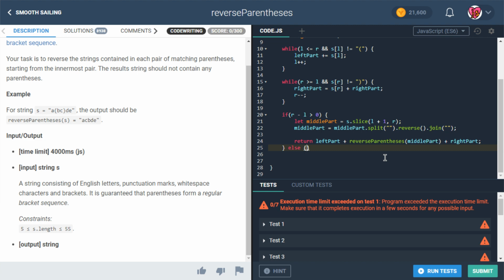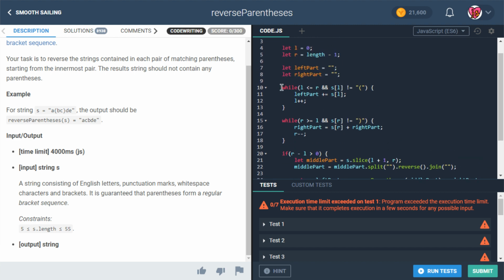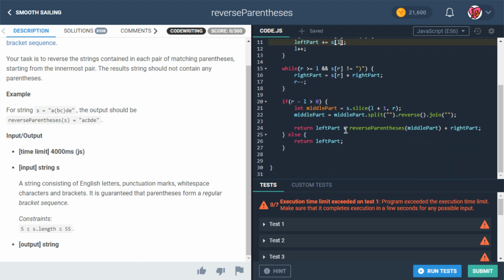And if they have met, then in that case, we'll just return the left part, because the left part, like this, executes first. So if it's not going to encounter a parenthesis, it'll go all the way to right, which is basically the end here, length minus 1. So the left part will contain the whole string if it doesn't have any parentheses. So we'll just return left part under that circumstance.